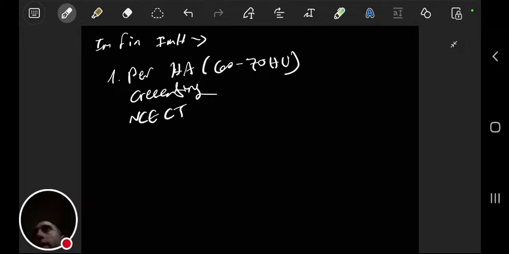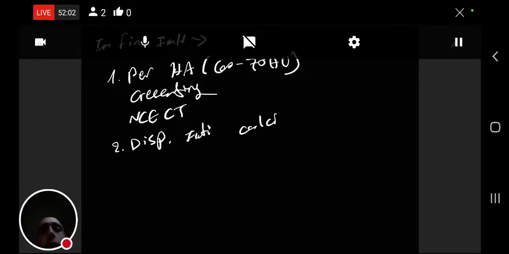Another important finding is displaced intimal calcifications. Look for calcifications that are displaced. Again, we appreciate it best on a non-enhanced CT.